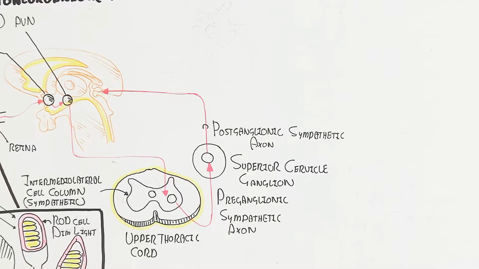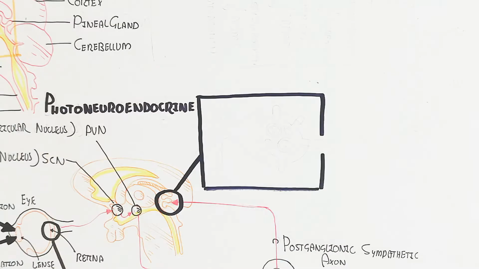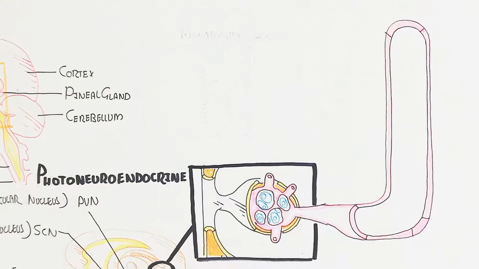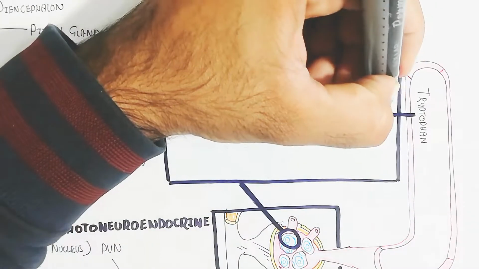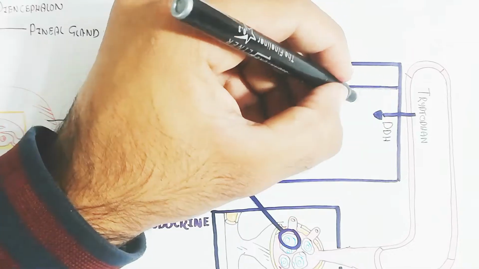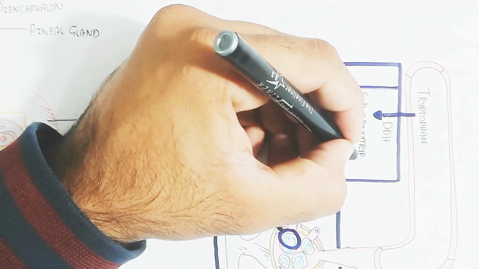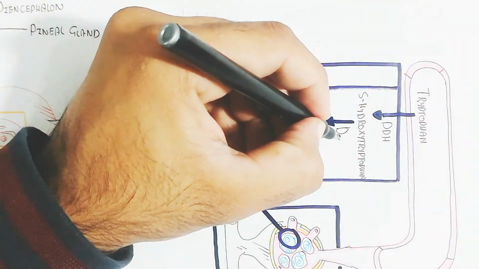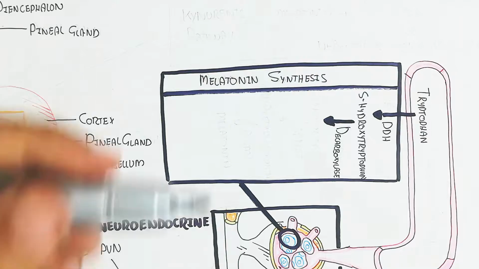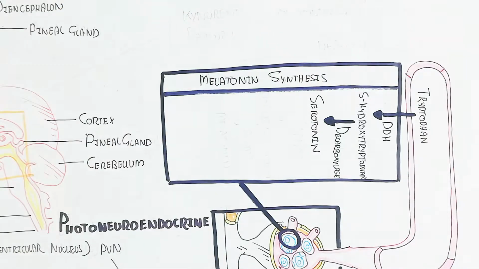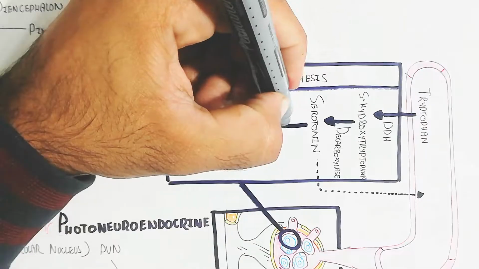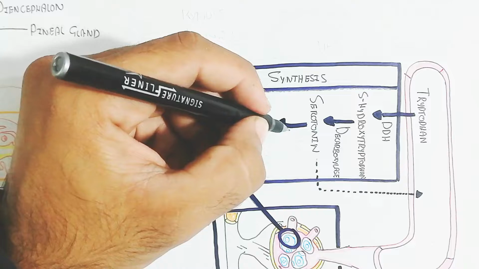So how does it work? First of all, we will understand the pineal cell, which is able to synthesize melatonin. Here is the melatonin synthesis process. The amino acid tryptophan enters the pineal cell, and the tryptophan hydroxylase enzyme is used to produce 5-hydroxytryptophan, and the decarboxylase enzyme is used to produce serotonin.